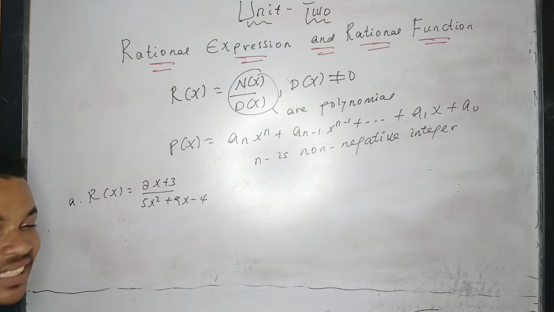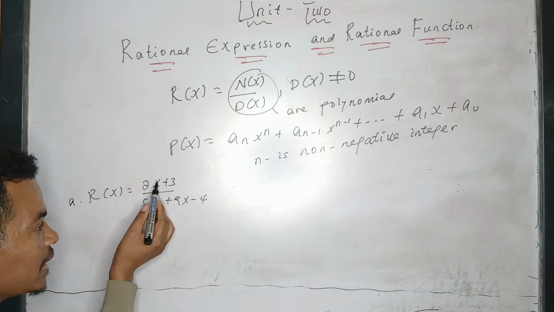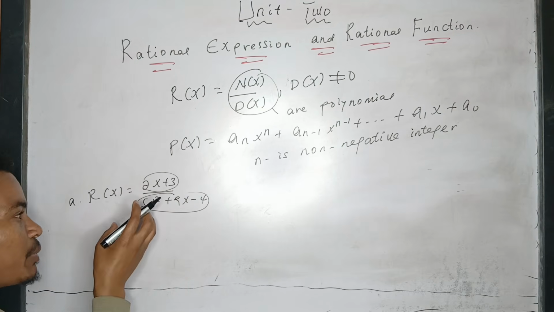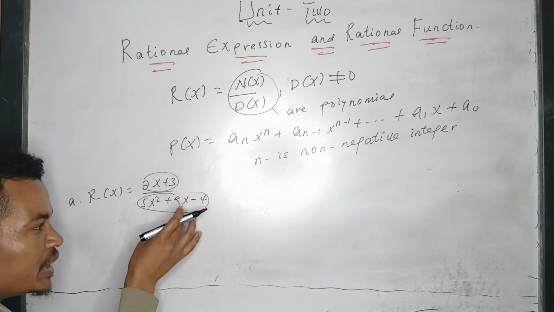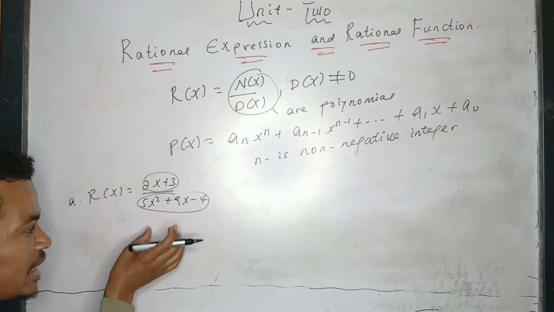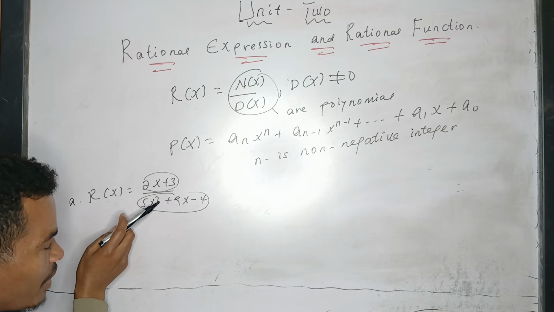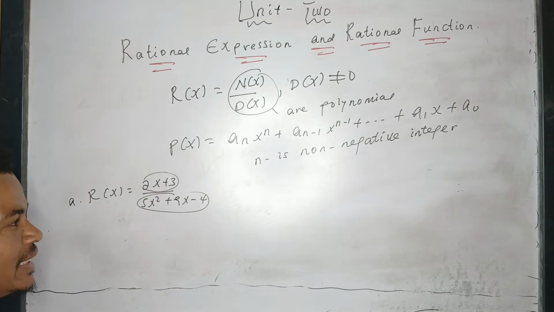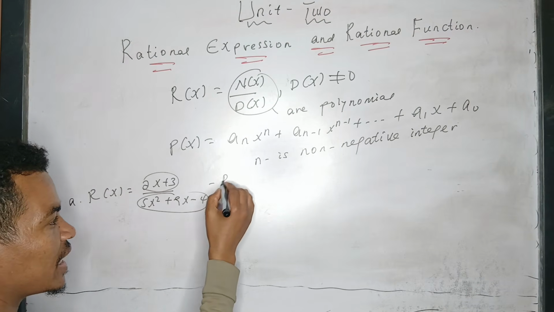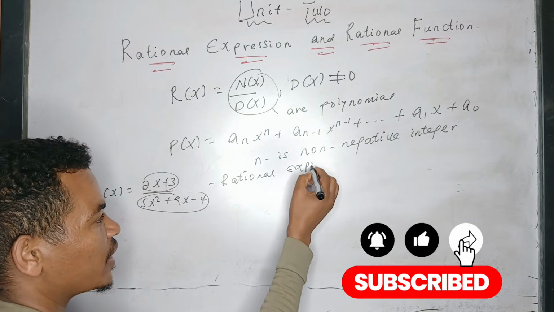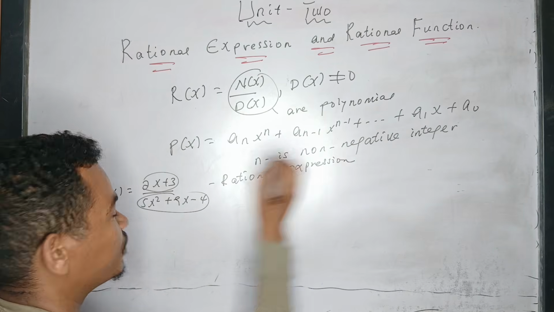This one is a rational expression because the numerator is a polynomial and the denominator is a polynomial. To be a rational expression, both must be polynomials, the domain must be any real number, and the exponents must be non-negative integers. So it's a rational expression.